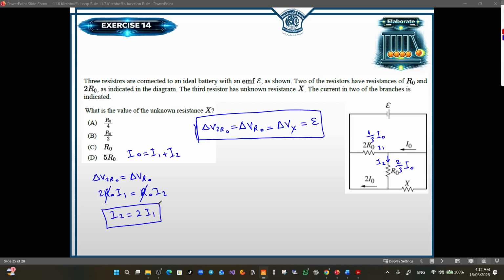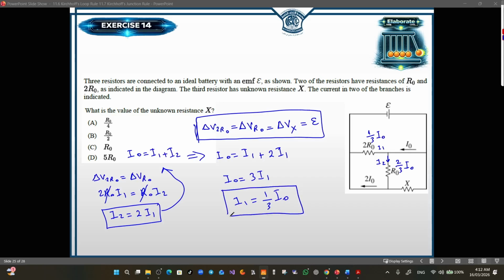Now we substitute this in our equation, and we get that I0 is equal to I1 plus 2I1, which is 3I1, which means I1 is equal to 1 over 3 of I0.